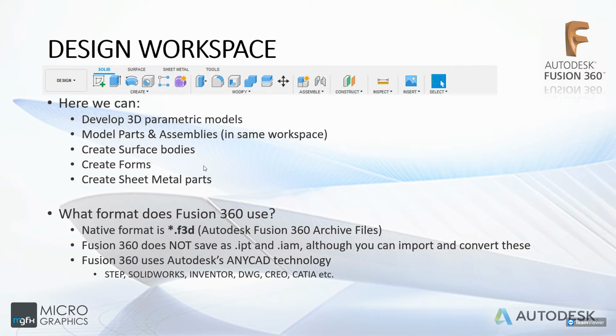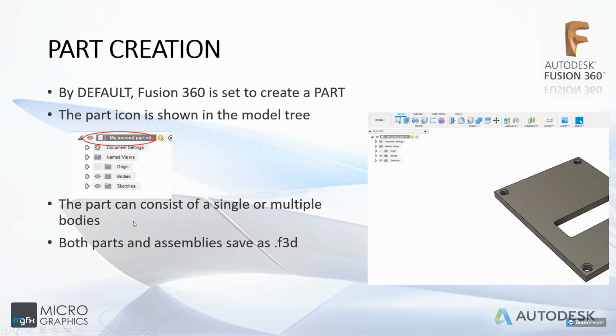Note that not all formats would convert directly. Some will be meshes and it will try to convert and retain as much information as it can from the parent software. But of course, not everything will be saved if it's coming from a competitor software, such as SolidWorks.